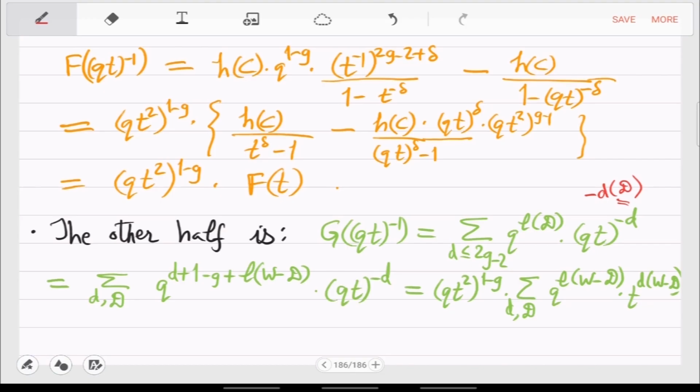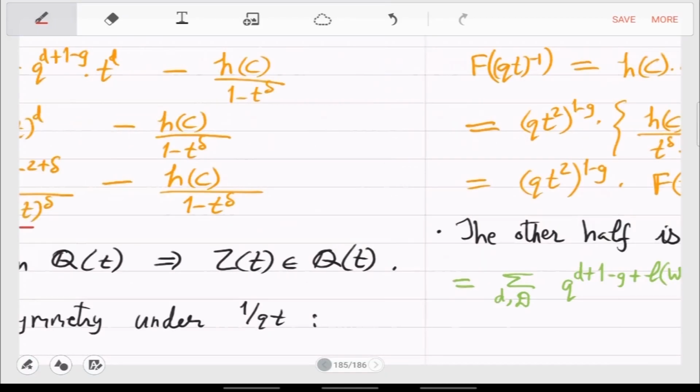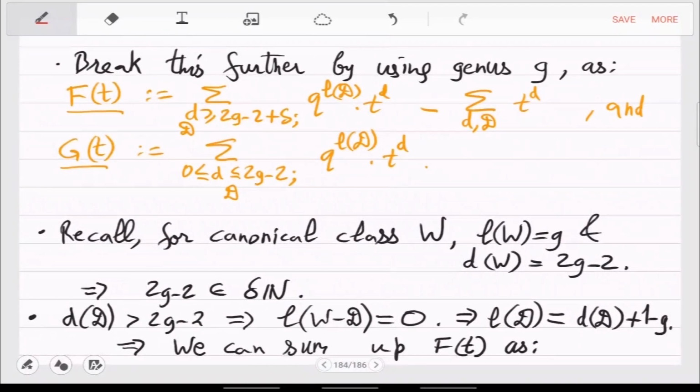Let's go to the definition of G here. Let's just keep this like this. So G is Q raised to L and T raised to D. So that is the form we have now.